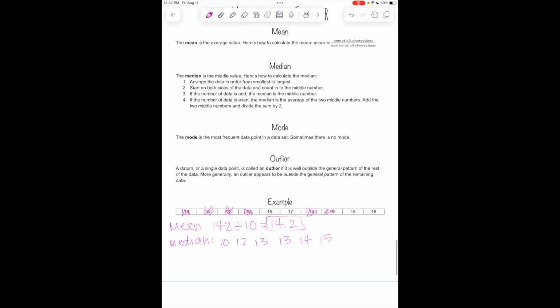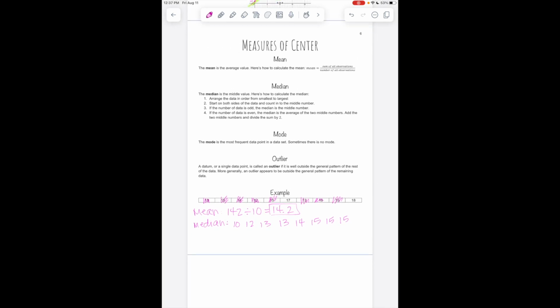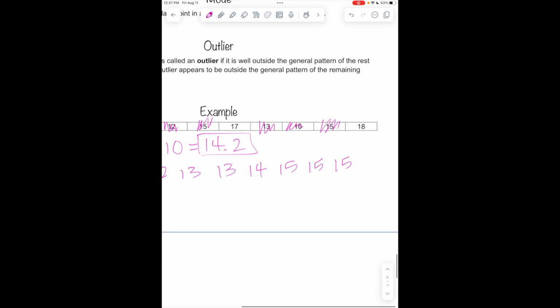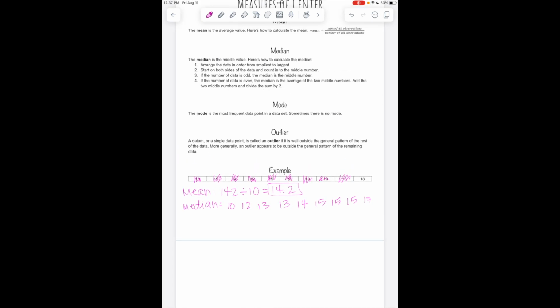I've got another 15, and another 15. No 16s. Next would be 17. And I'm running out of room here, so I am going to lasso this. There we go. Move that so that I can get that 18 on there. Okay, so that's all of my data.